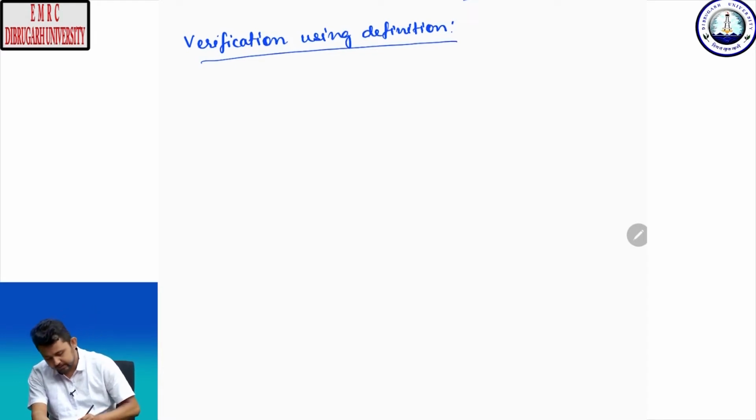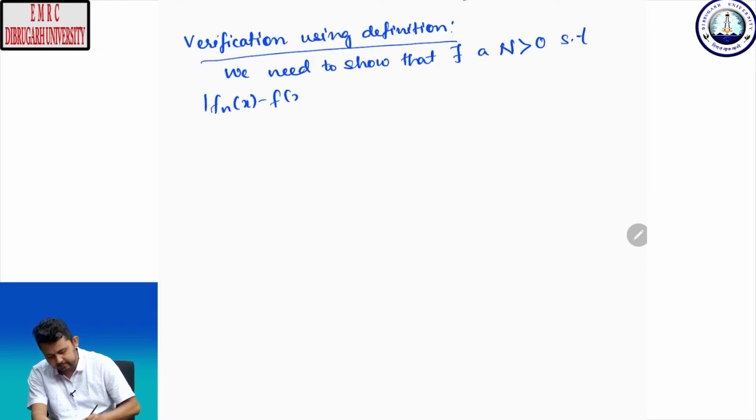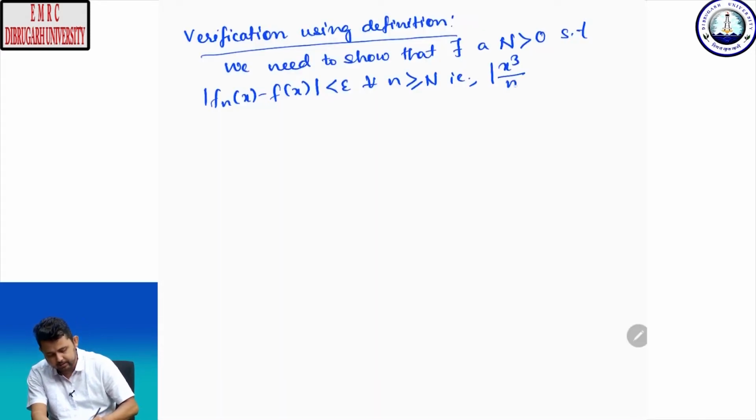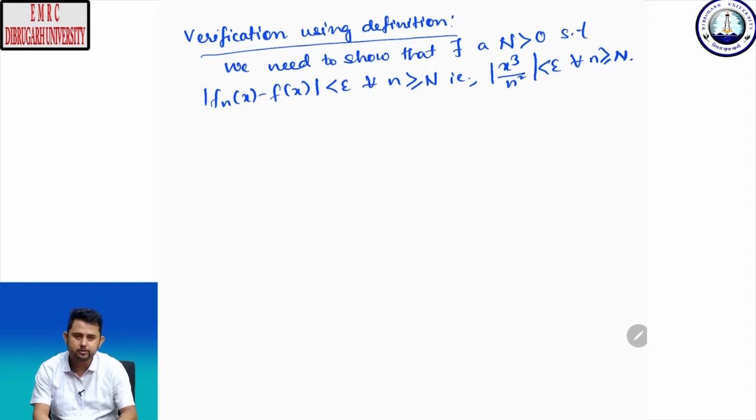So, we just need to show that there exists a positive integer N, such that mod of f_n(x) minus f(x) is less than epsilon for all n greater than or equal to capital N. That is, in this case we need to show that x cube upon n square is less than epsilon for all n greater than or equal to N. We need to show that such an N exists, right.